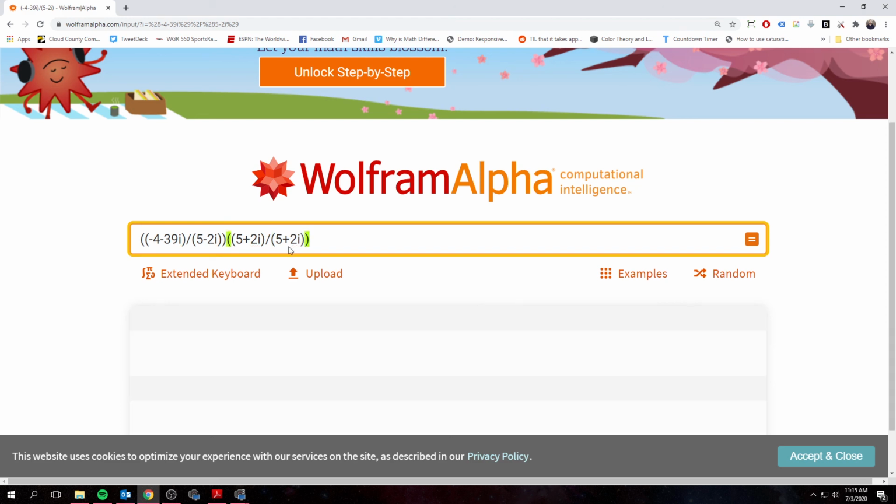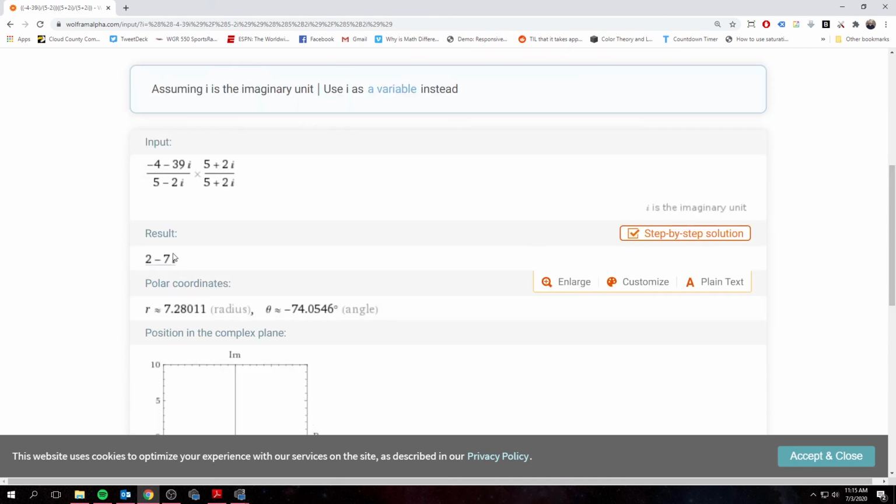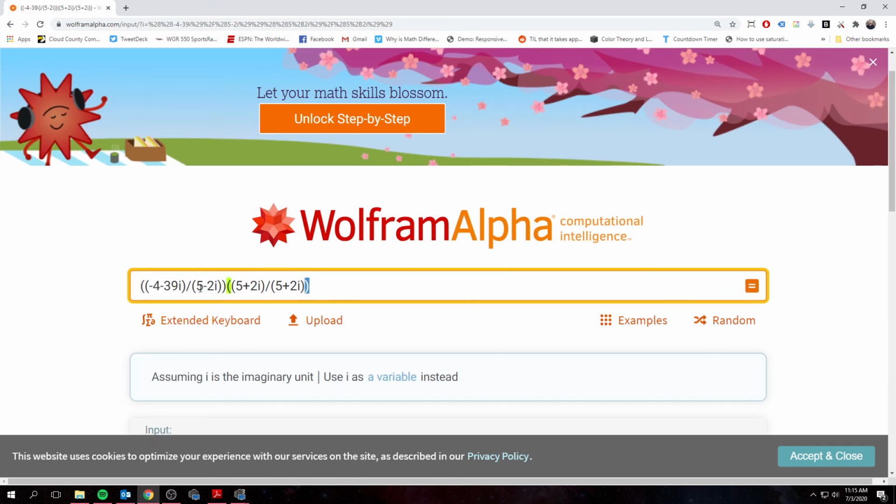Okay. And if I multiply that out, see what happens, I get the exact same thing. Okay? So that's pretty cool. You can do higher powers of i. You can do pretty much everything here in Wolfram Alpha.